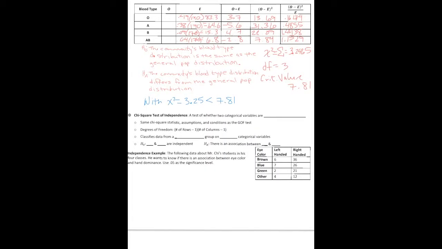So we're saying that it is probably similar. With our chi-squared being less than our critical value, I fail to reject the null.